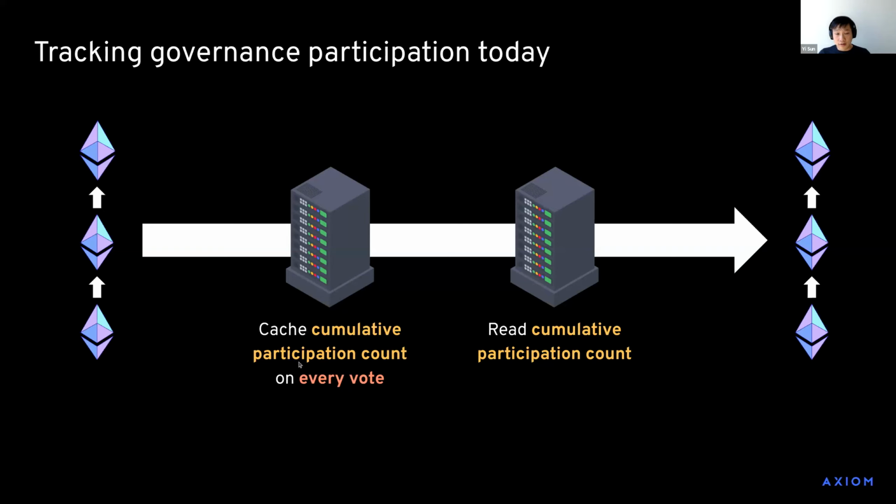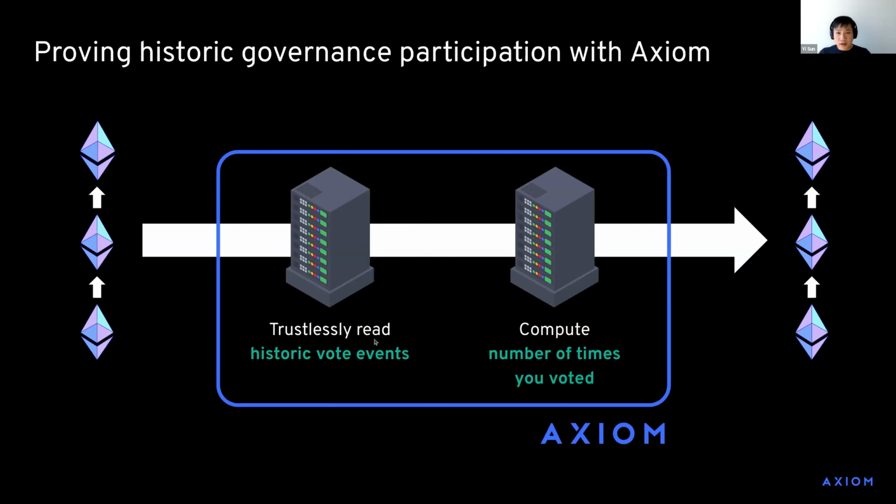The disadvantage is that you have to pay additional gas to update the participation count every single time your users vote on-chain. This obviously increases the cost of voting, and this can decrease voter participation in on-chain governance, which is already challenged due to the gas cost.